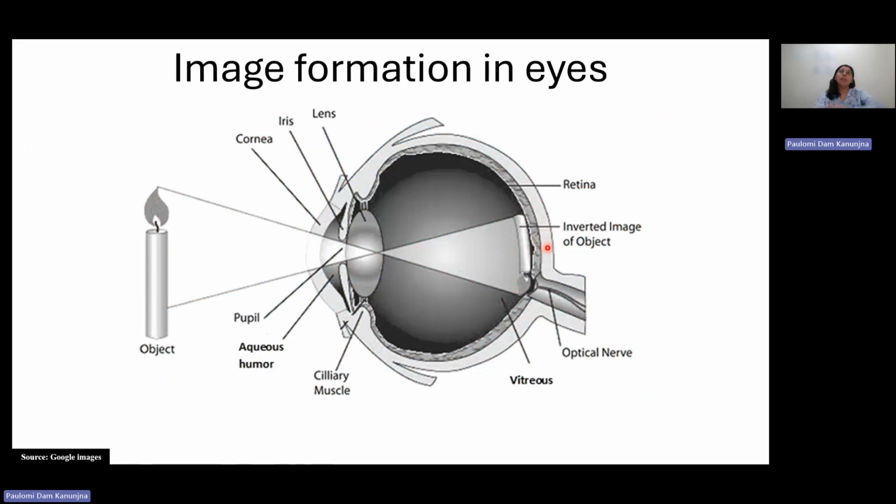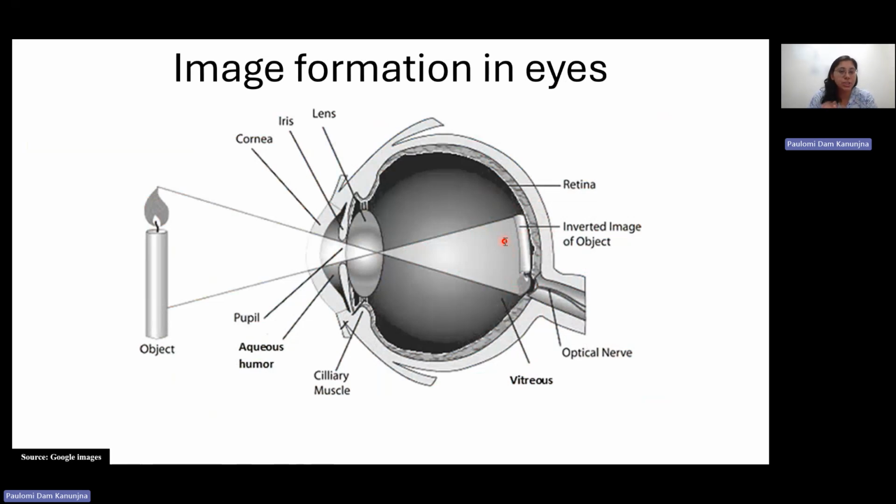And then this inverted image is corrected by the brain, and you see the correct, straight positioning of the object. But if your light is focused in front of the retina, it is called short-sightedness. If your light gets focused behind the retina, it is called long-sightedness, right?